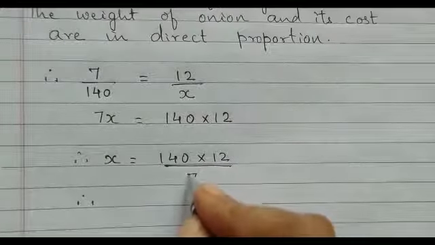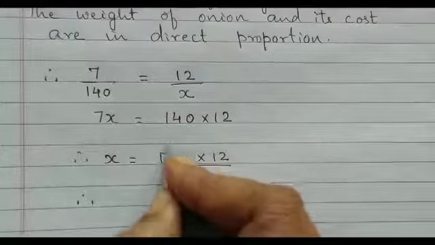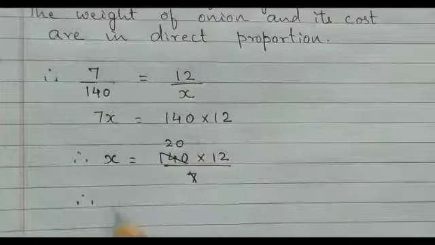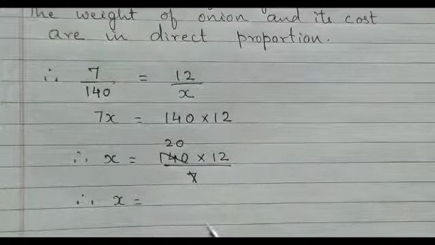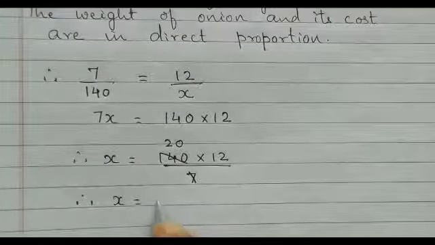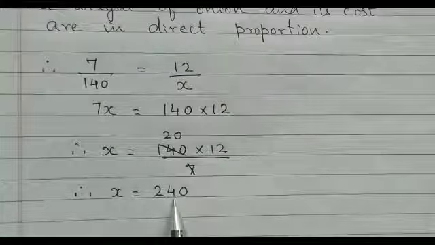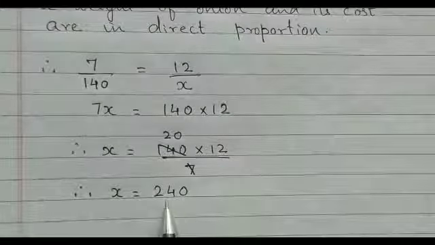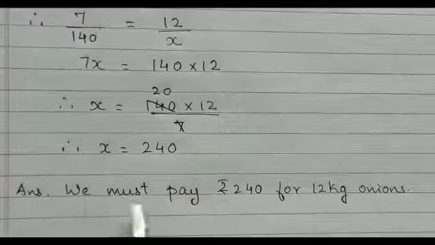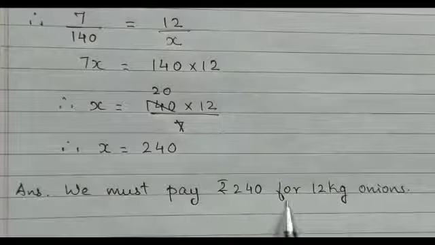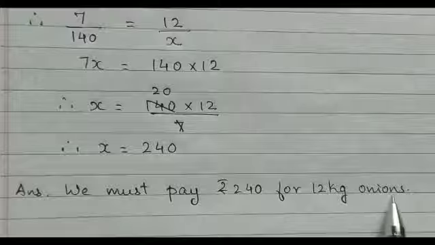We can cancel 7 and 140. So we get here 20. Therefore, we get the value of x as 240. That is, the cost of 12 kg onion is 240 rupees. So your answer is, we must pay rupees 240 for 12 kg onions.